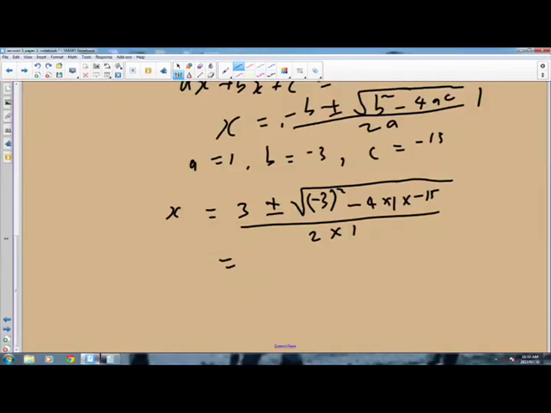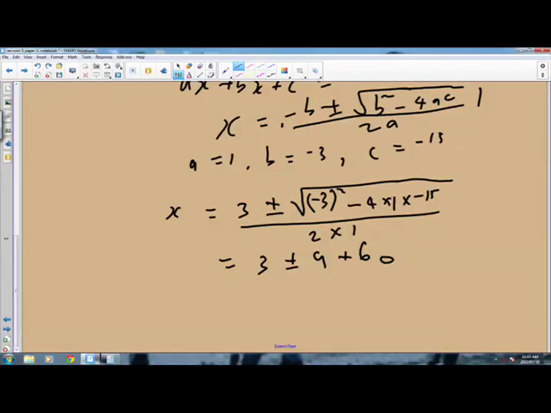And then what do we have? We will have 3 plus or minus, minus 3 squared is minus 3 times minus 3, which is 9. Then I can see a negative and a negative here, so negative times negative is positive, so we'll have plus. So it's 9 plus 60.